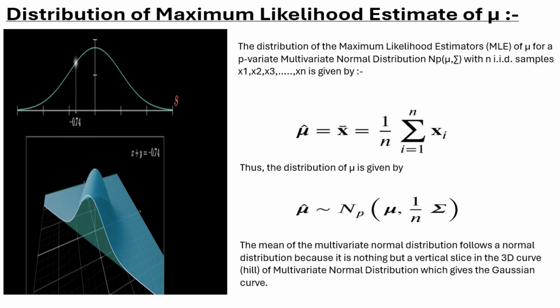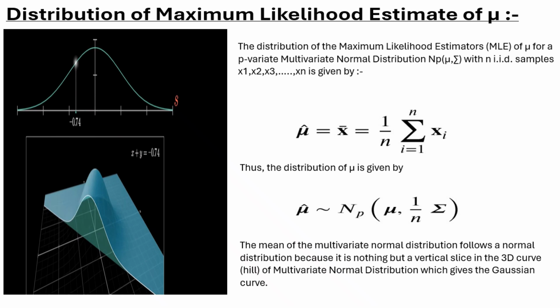We are not just going to engage in mathematical manipulations, but we will also see how the information which we have written mathematically gets validated visually by the animations. Here we have the distribution of the MLE of mu for a p-variate multivariate normal distribution with n independently and identically distributed samples.